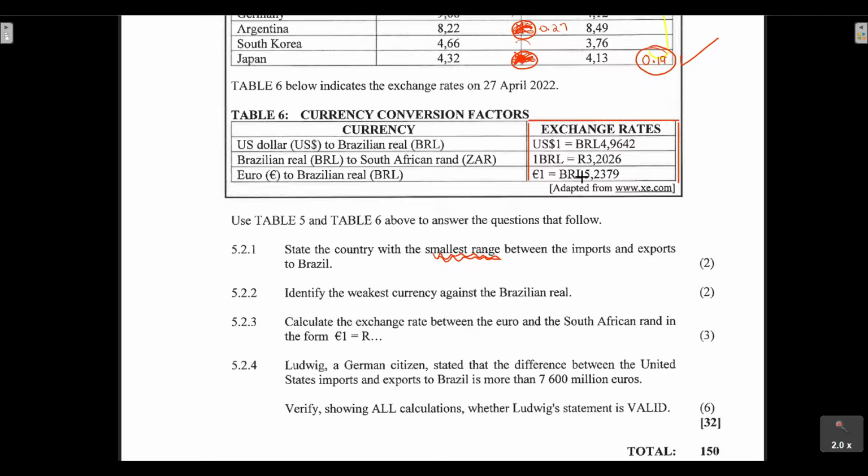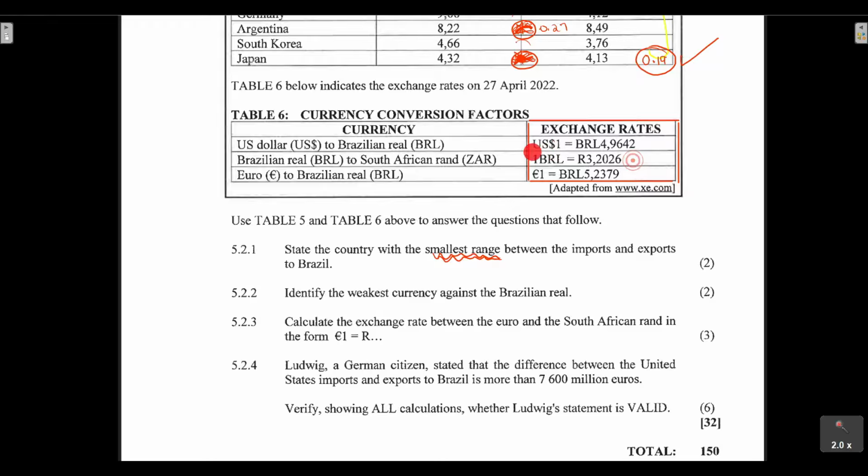These exchange rates tell us that if you have $1, you are going to get 4.9642 Brazilian reals. If you have €1, that is going to give you 5.2379 Brazilian reals.